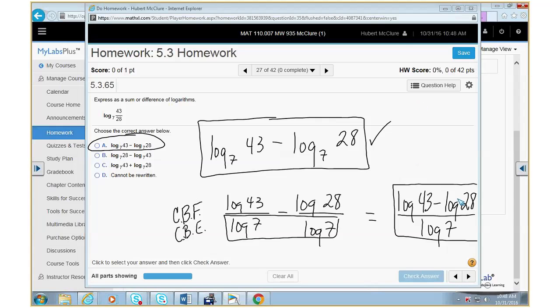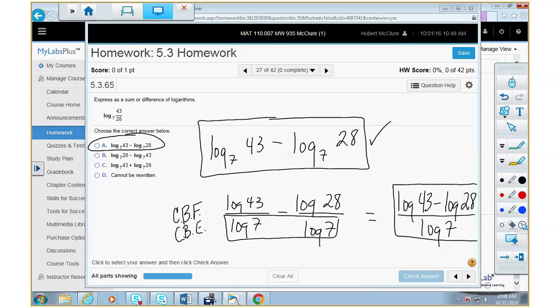I think we did several of these last week, but right now you need to really concentrate on 5.3 homework. Because 5.3, I think I told you, the first part is the definition of logarithm, and then those 31 through 43, I forgot what I said.